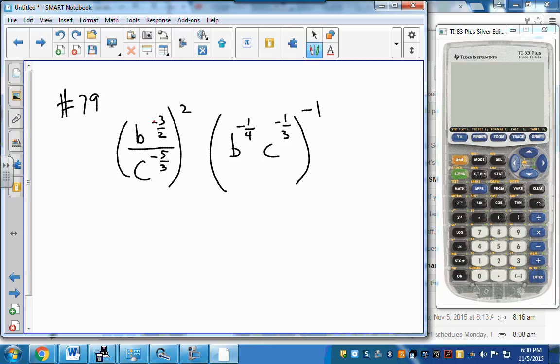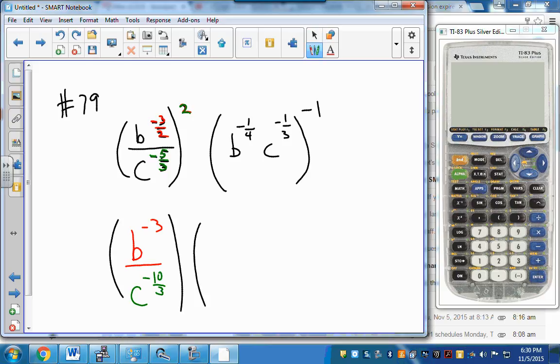We're going to be multiplying negative 3/2 times 2, and that gives us b to the negative 3. And then we're going to do the same thing. We're going to multiply negative 5/3 times 2, and that would be c to the negative 10/3. Okay, so that's the first bit. And let's see what we've got on this next bit.